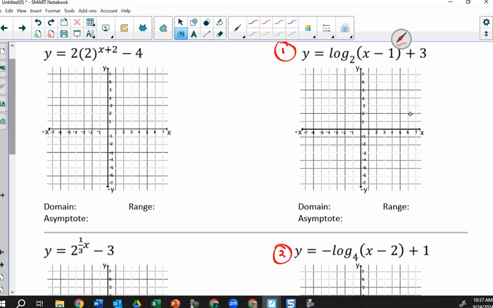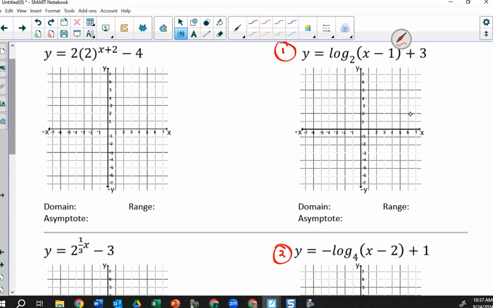That's right. Like over the x-axis, then.